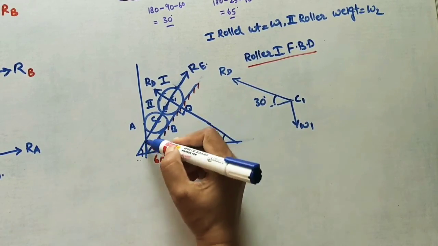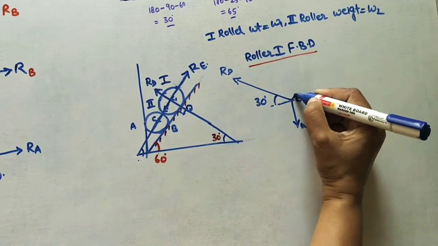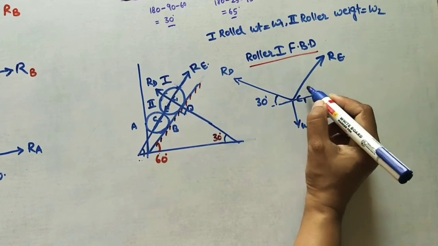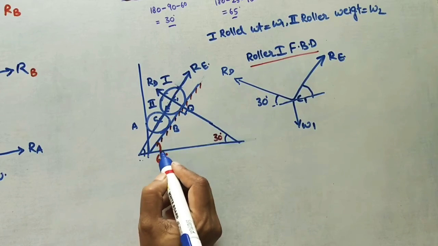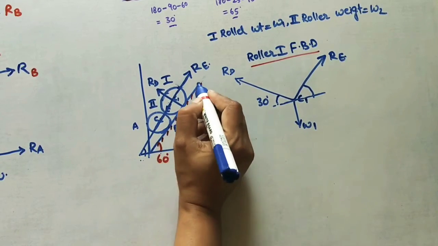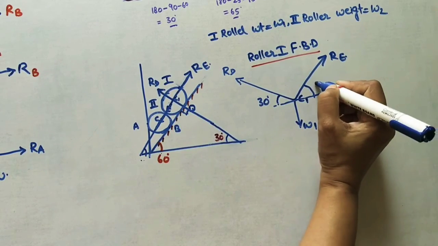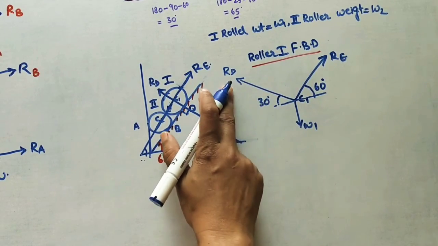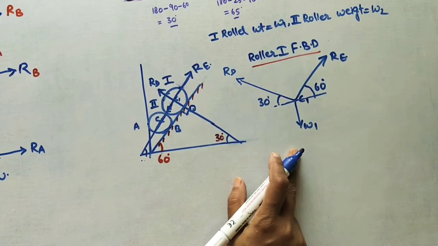Now RE is coming in this direction at E point. So how much is it making with the horizontal? 60, 60, because these two are parallel lines. Now it is making 60 degrees. By using Lamy's theorem, we can find out RD and RE values from this equation.